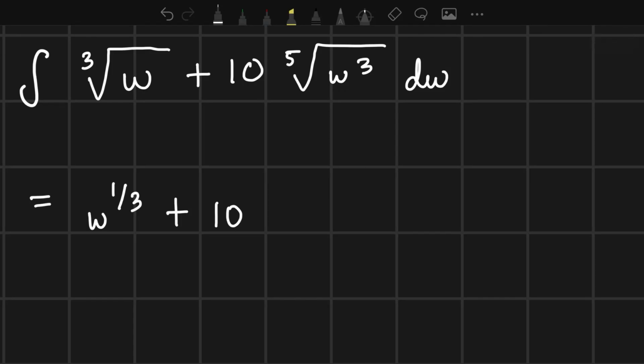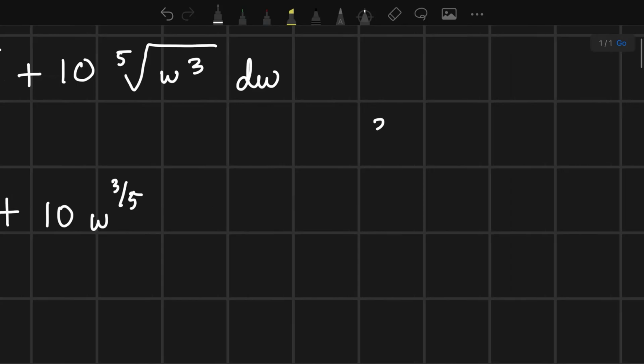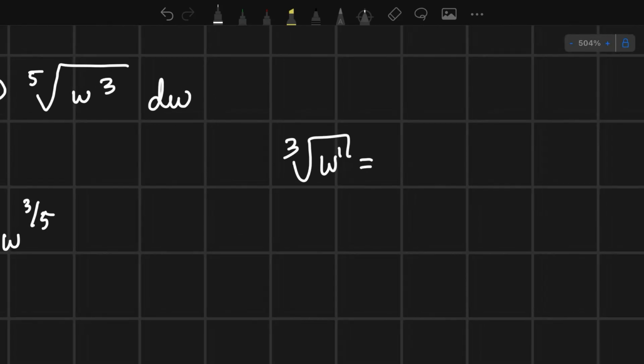And the way you would do this, nothing changes, you would just write 3 over 5. Now the trick here is that for the previous part, we had 3 root w, so this w right here has an imaginary power of 1. What we really did is we took the imaginary power of 1 and put the 3 underneath it.